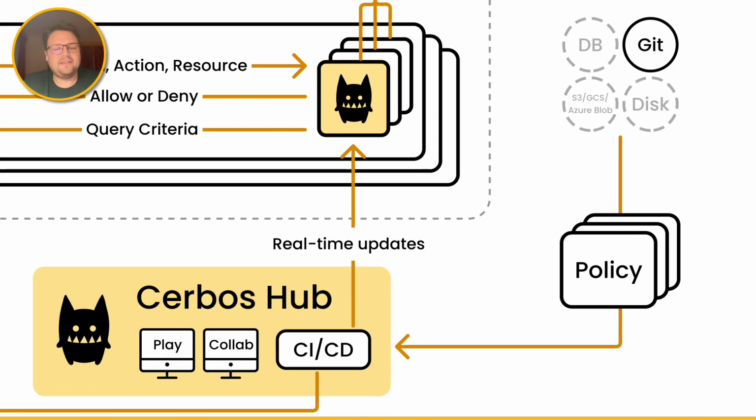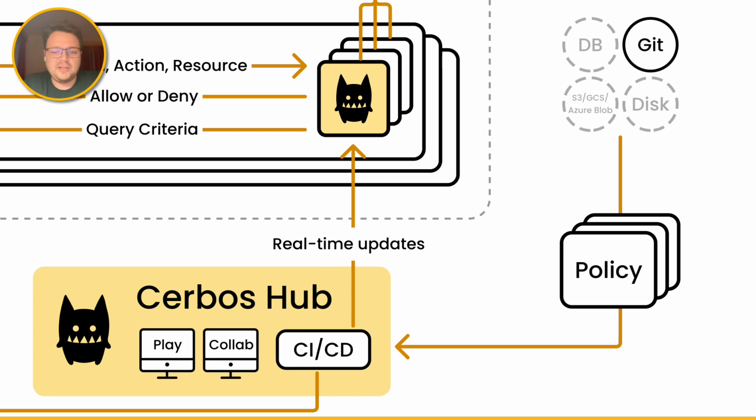So Cerbos Hub is the management control plane system that is a managed service that we have released and acts really as the central place for all your policy decision points to connect to go and fetch policies from. So Cerbos Hub primarily is a CI/CD pipeline that's connected to your existing policy store.